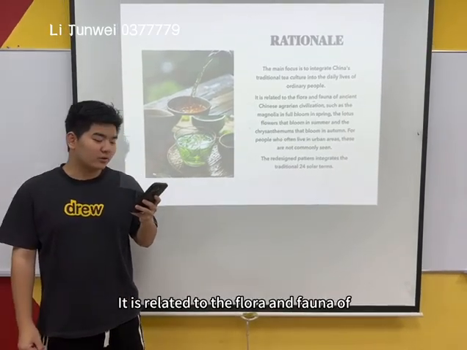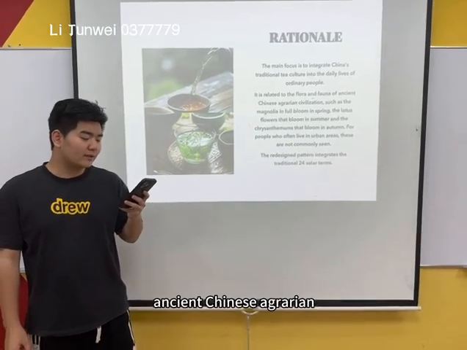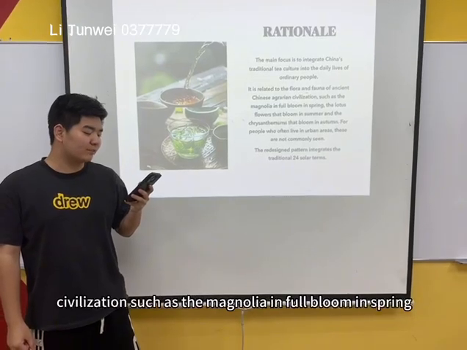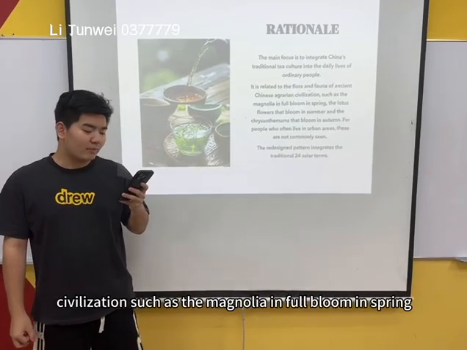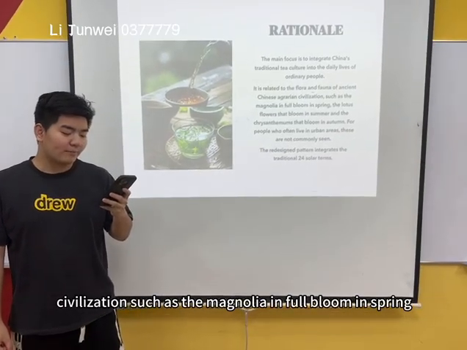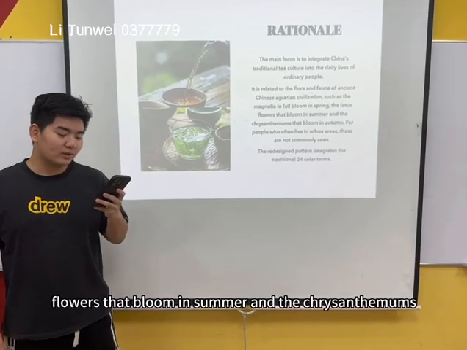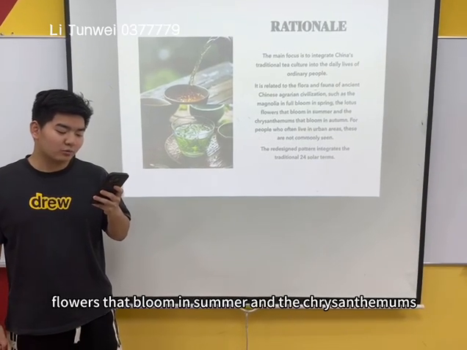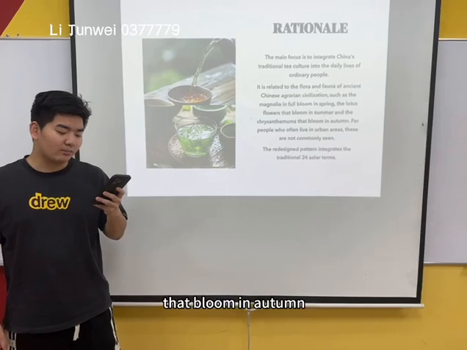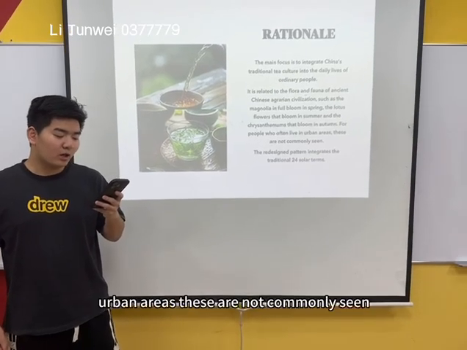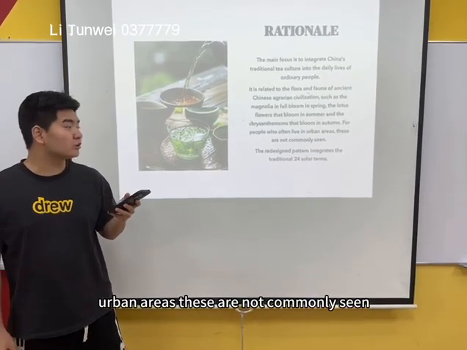It is related to the flowers and forms of Chinese solar terms, such as the magnolia in full bloom in spring, the lotus flowers that bloom in summer, and the chrysanthemums that bloom in autumn. For people who often live in urban areas, these are not religious things.